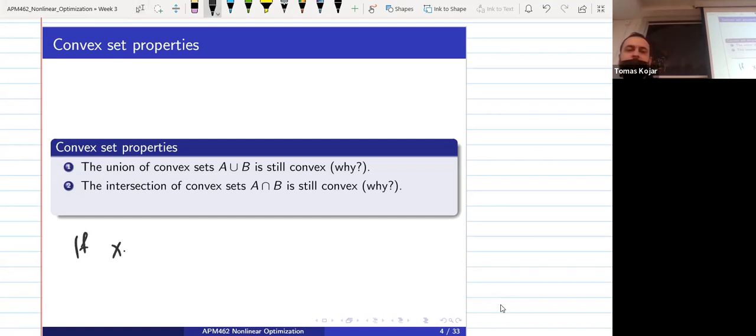Okay, let me write it with you. So if X and Y are in AB, then what?